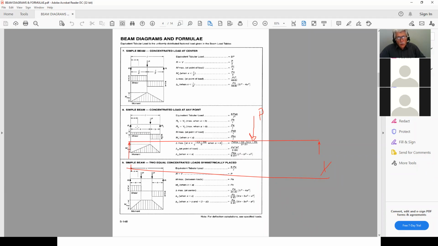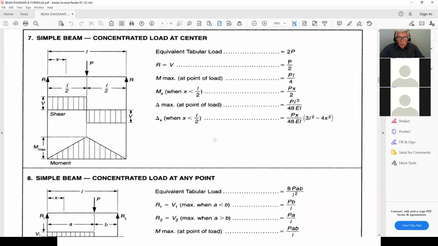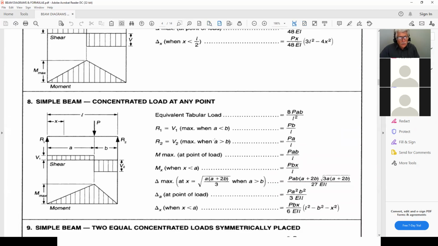In other words, I have one concentrated load, it's not in the center, and I have two reactions. So this is where I'm at. This is the situation. I have a simply supported beam with a concentrated load at any point. Okay, now I want to calculate it.